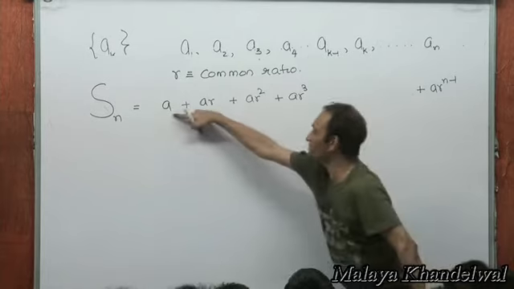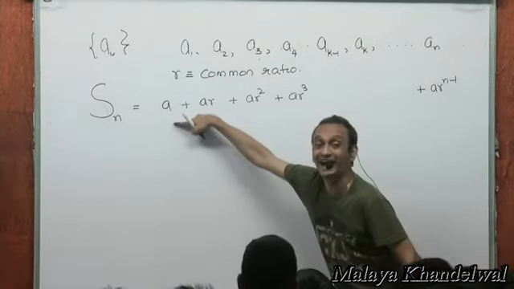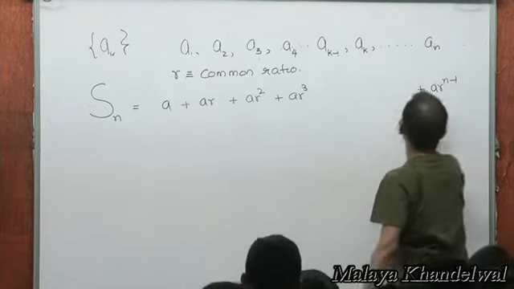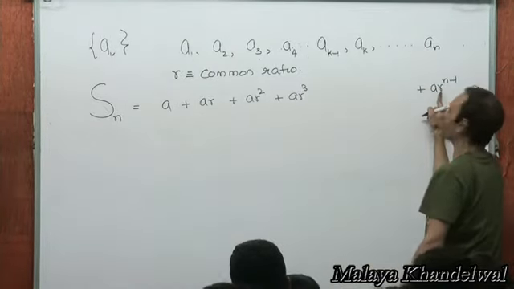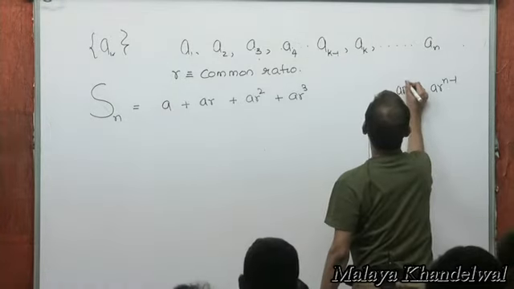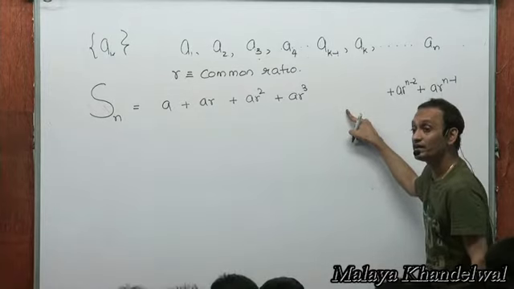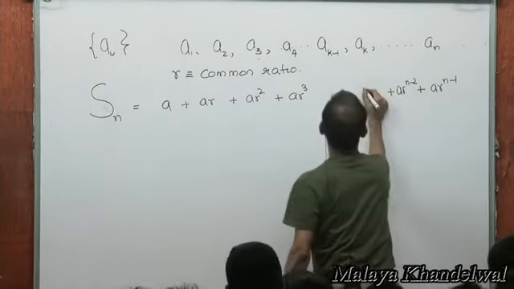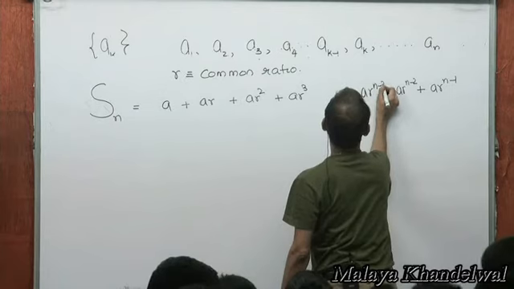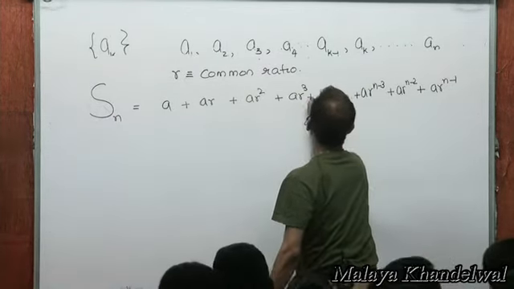Now, if I go in this direction, I multiply by R. But if I go in this direction, I divide by R. That means the term prior to this is obtained by dividing by R. So it's going to be AR to power n minus 2. The term prior to this is going to be the next one down. Yes or no?